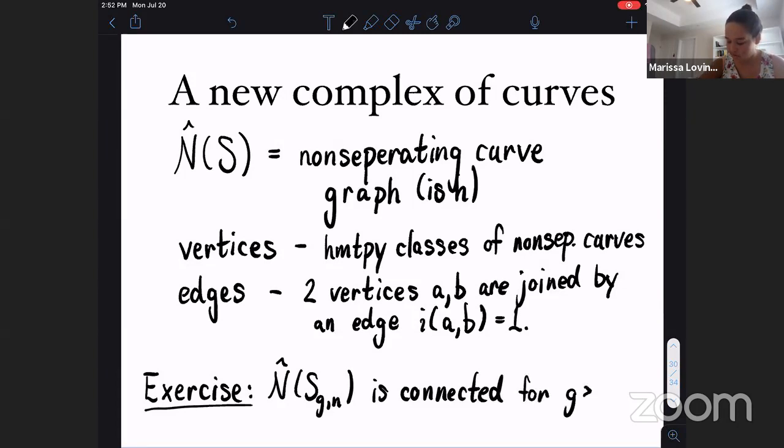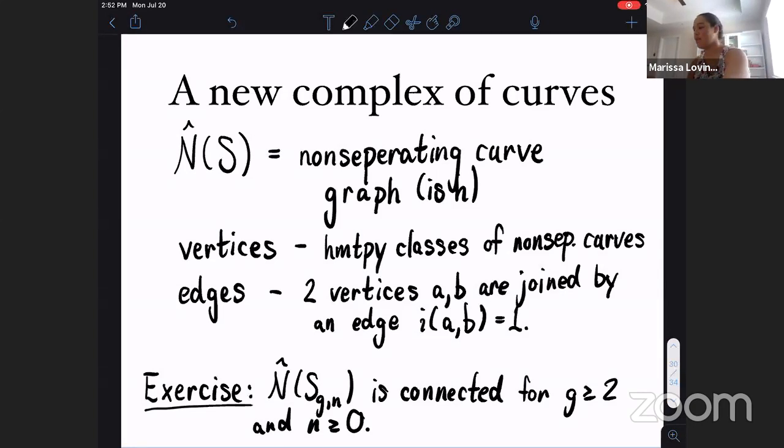So I'm introducing this complex, and we're going to look at it. This is just a one-dimensional simplicial complex, and we're going to consider the action of the mapping class group on this.